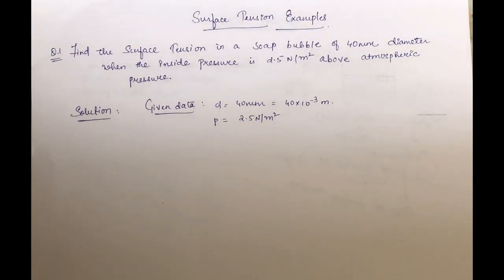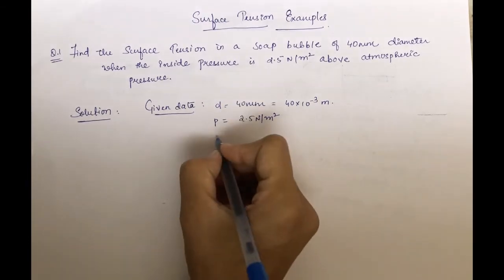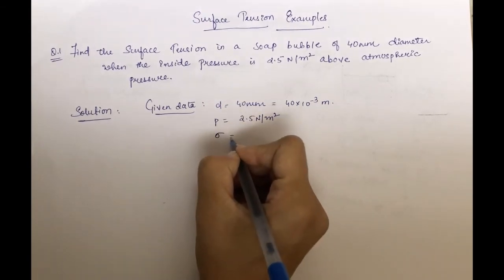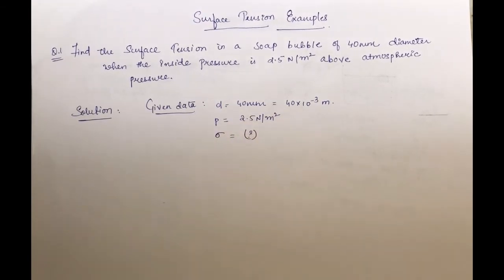Now we need to calculate the surface tension, that is sigma. So we need to use the formula of surface tension in a soap bubble which we saw just now.